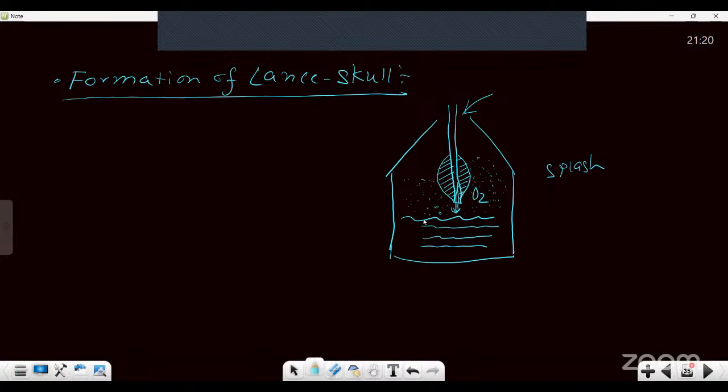Small droplets of molten metal and slag get thrown upward and come in contact with the water cooled copper lance. These splash droplets solidify immediately and stick to the lance. This protects the lance from intense heat, so it is very beneficial.